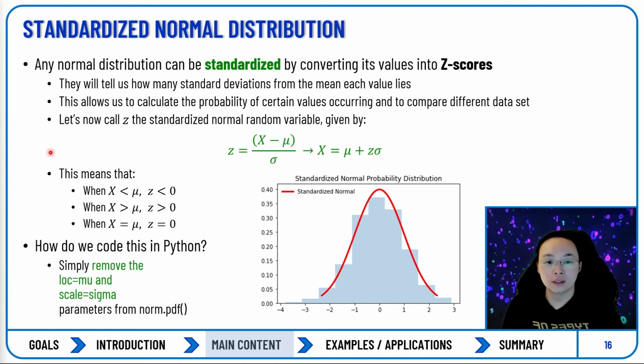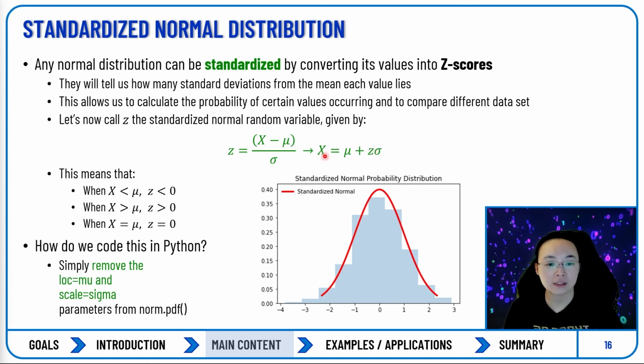So let's now call z the standardized normal random variable, very long name, but we can define it as the variable x minus the mean mu divided by the standard deviation sigma. We can rearrange this to solve for x, that equals mu plus z times sigma.